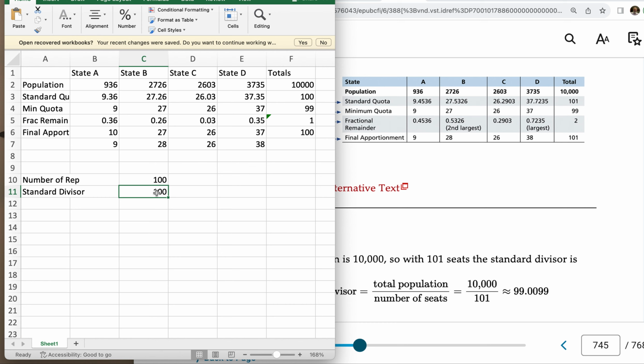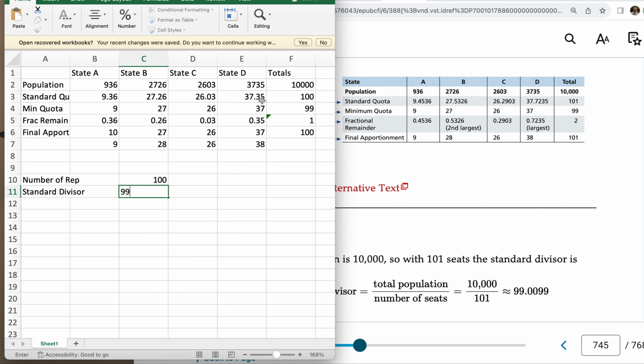Instead of dividing by 100, let's divide by 99, which means only 99 people are represented by each representative. So that means each state will get a higher amount. So watch these decimals right here.